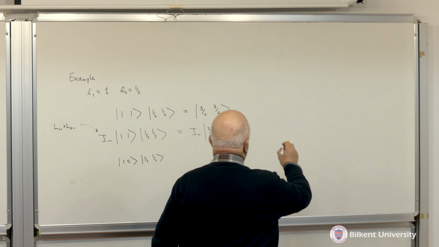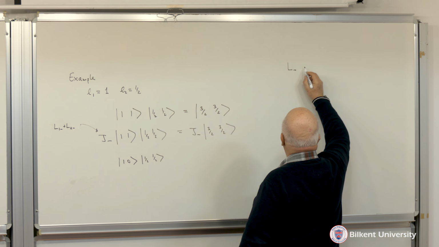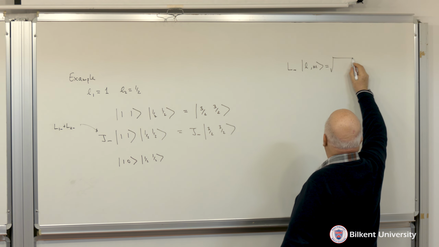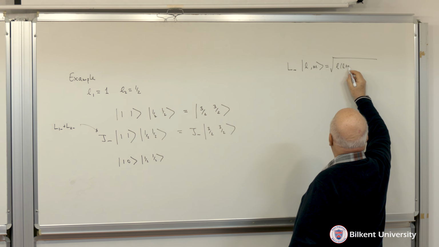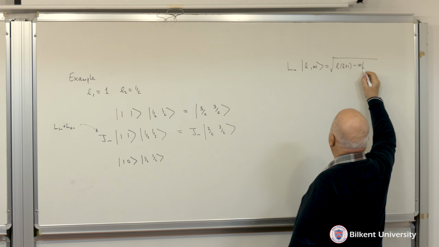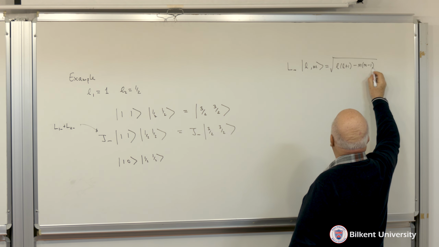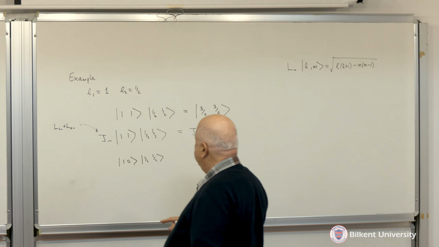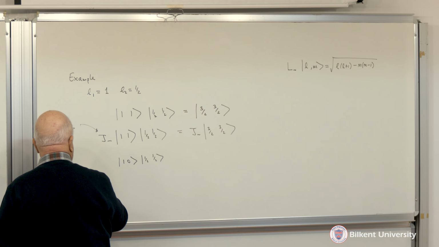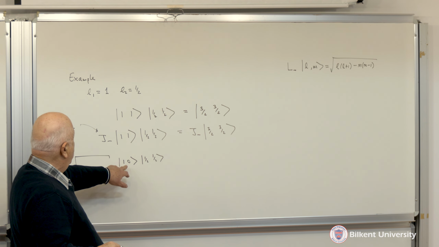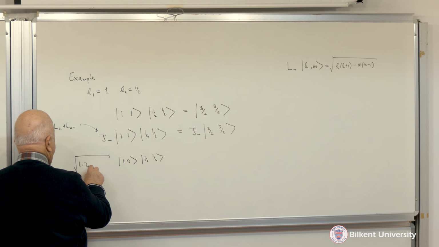L minus operating on L, M is going to be the square root of L plus M, times L minus M plus 1, giving M minus 1. So I'm going to get here a square root of 1 times 2 minus 1 times 0.